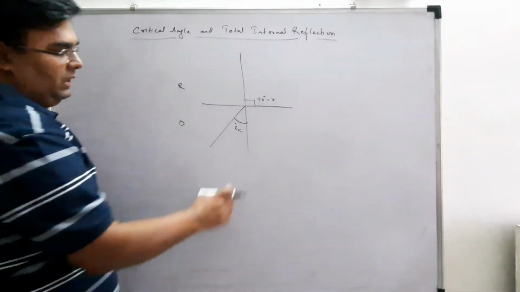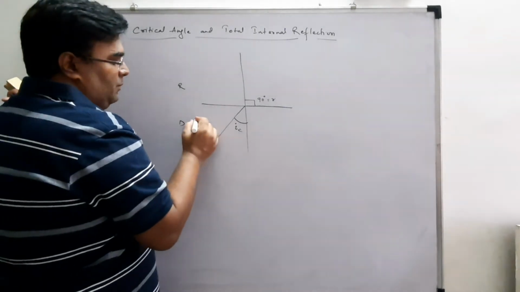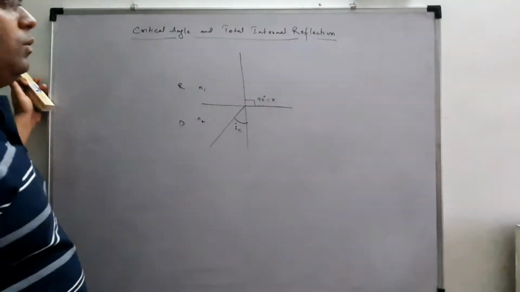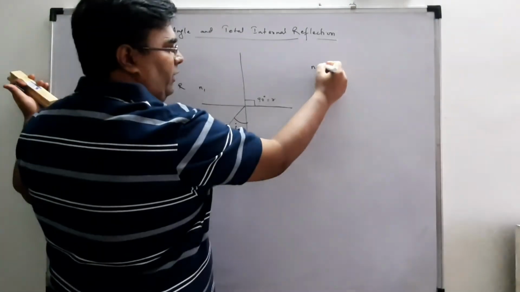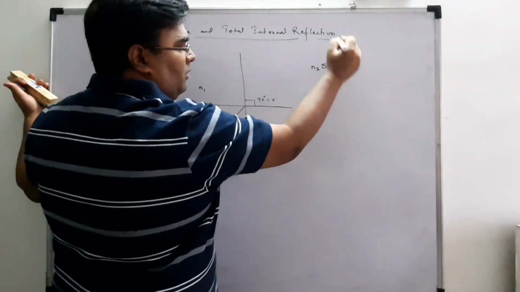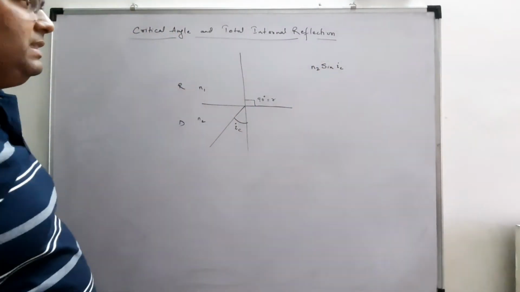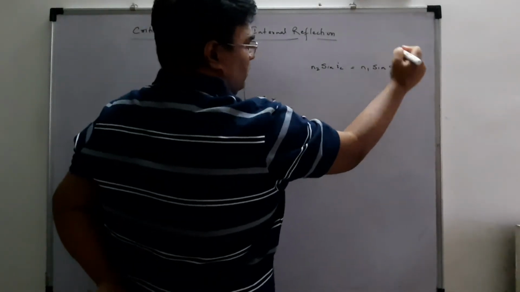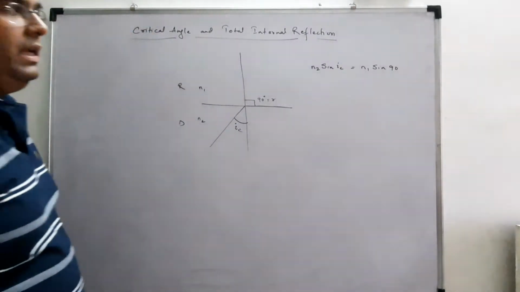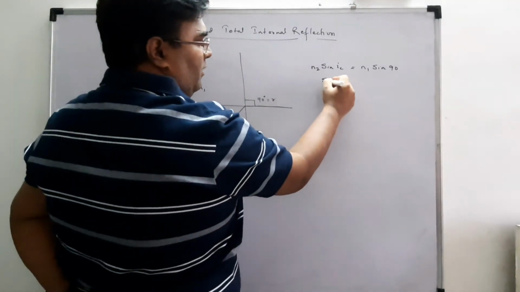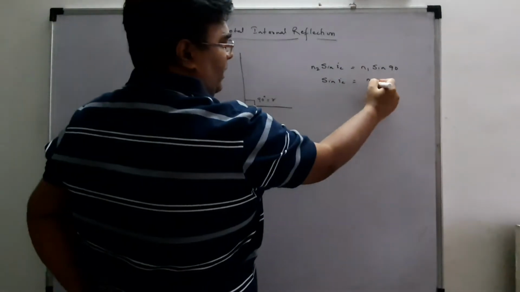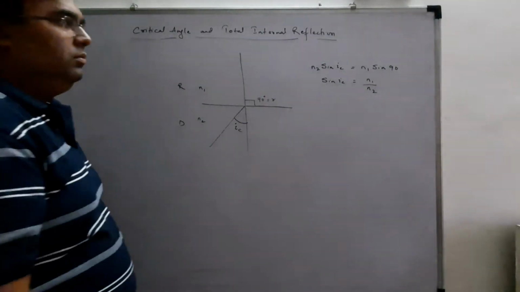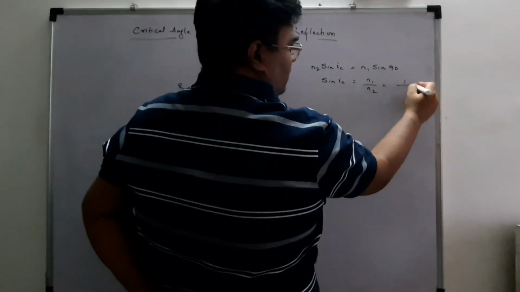In this case, suppose this is my n2, this is my n1, if I apply Snell's law, what will happen? n2 sine IC, I am writing the critical angle as IC, is equal to n1 sine 90. Sine 90 is 1, so we can write sine IC as n1 by n2.